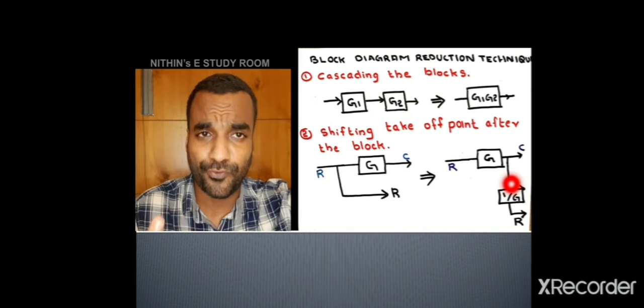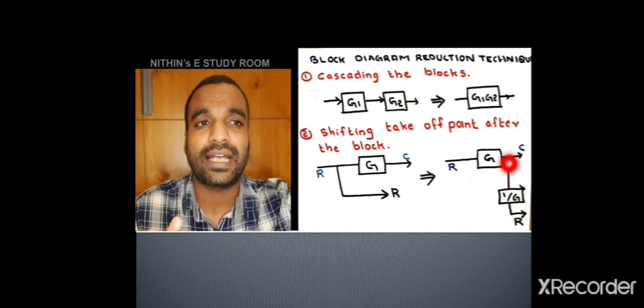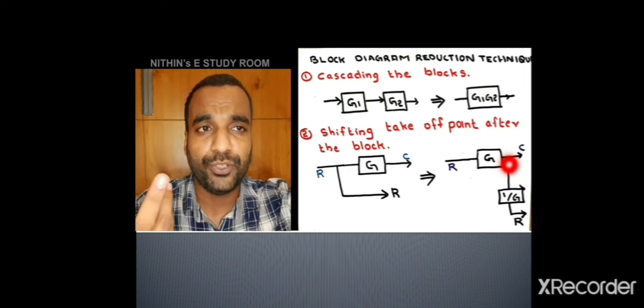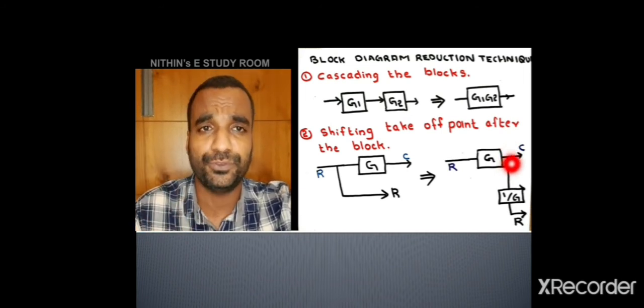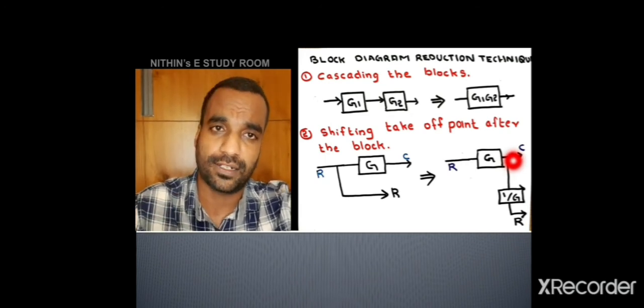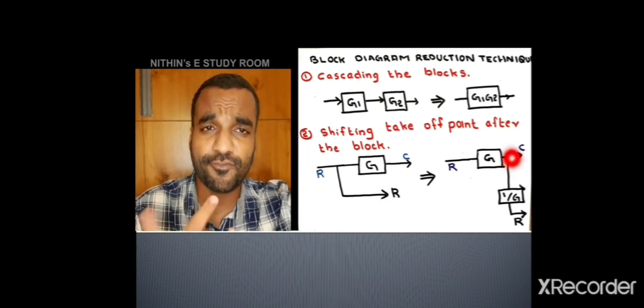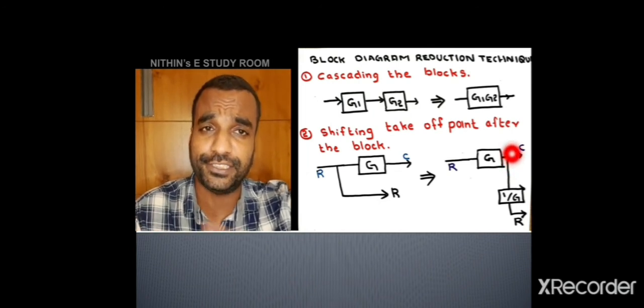But what you actually want to get is pure r. The actual value you obtain at the takeoff point is not r, it is r into G. So, r into G should be converted to r. What do you have to do to convert r into G to r?